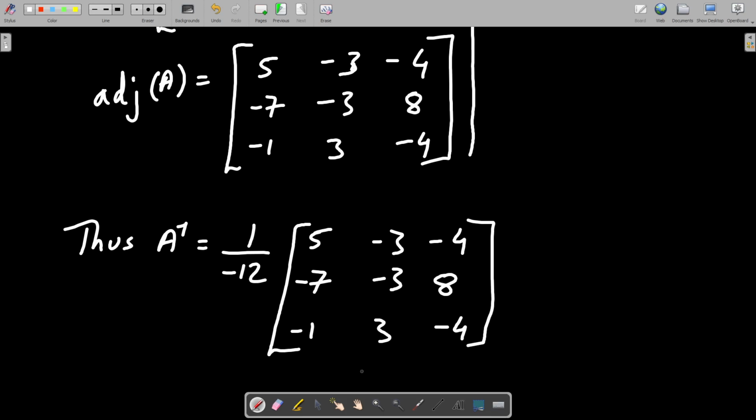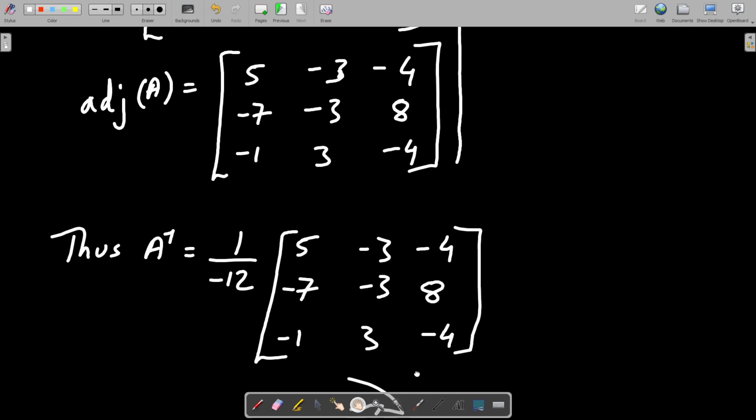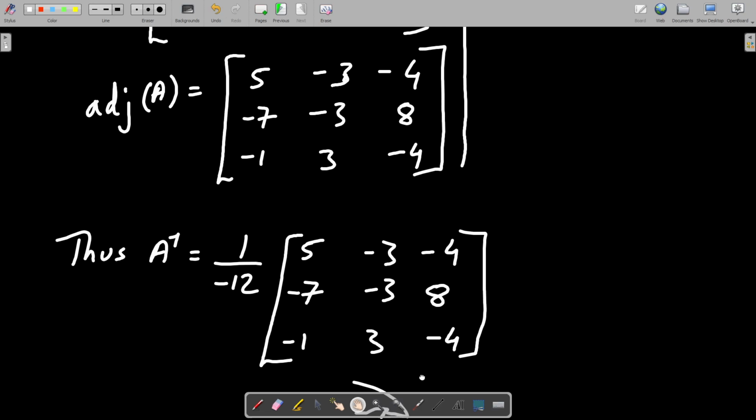Okay, got everyone? There's no point in taking that minus 12 inside, and it won't cancel with most of the numbers. Some numbers it cancels, but it won't cancel with 5 and 7. So let it be outside only.